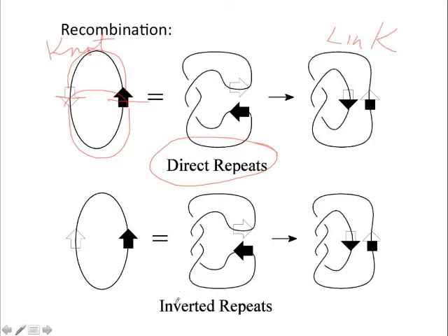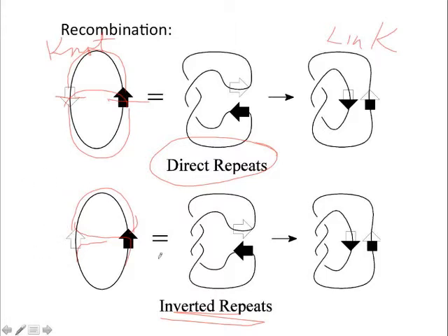But if they are oriented as inverted repeats, where it's head to head, then when this tail connects to this head and this tail connects to this head, we'll have inverted the DNA sequence.